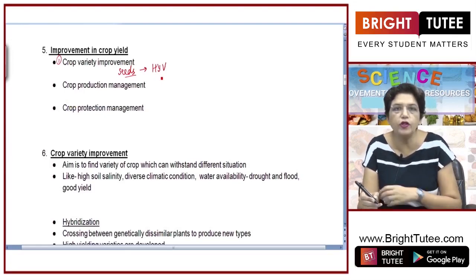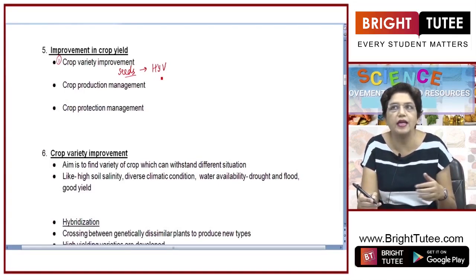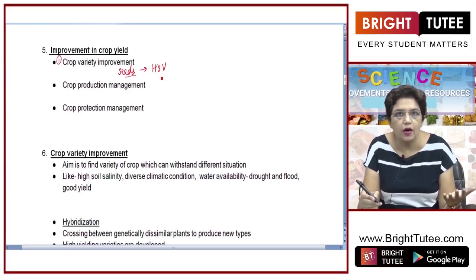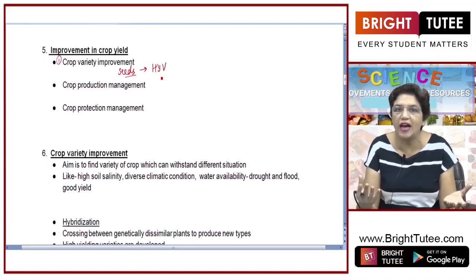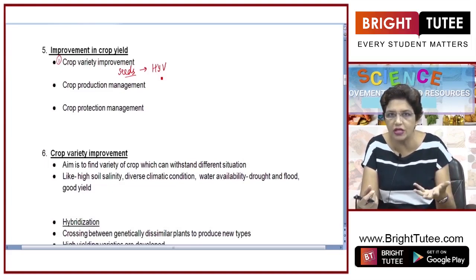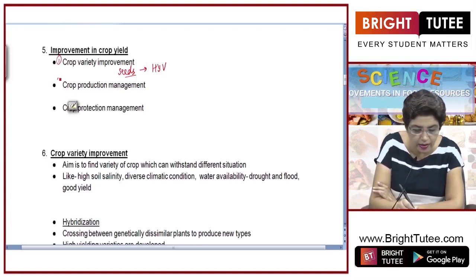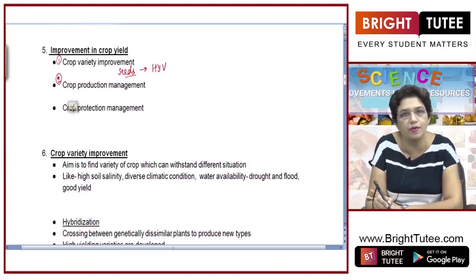If we have better seeds, then the variety of crops will be better. Like each plant will have more quantity of seeds, or for the fodder crops, each plant will have more leaves and branches. So we need a better variety of seeds so that when we sow those seeds, we get better quality of crops. Now the second step is crop production management.